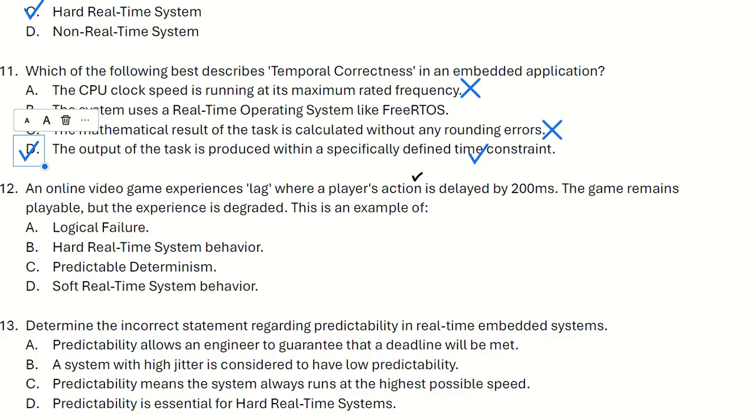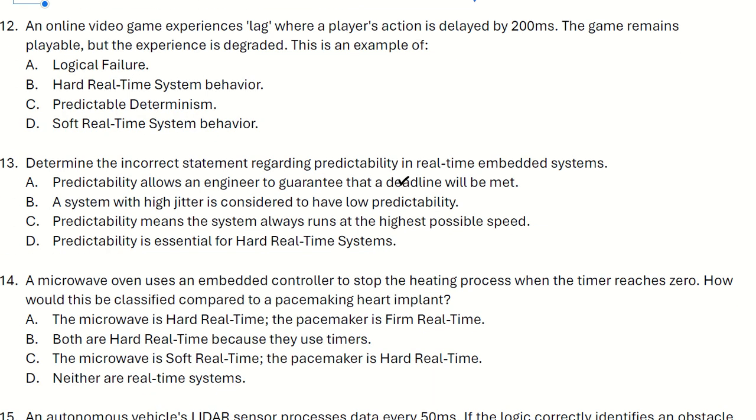Okay, next, 12. An online video game experiences lag, where a player's action is delayed 200 milliseconds. The game remains playable, still can play, but the experience declines. So what is this an example of?